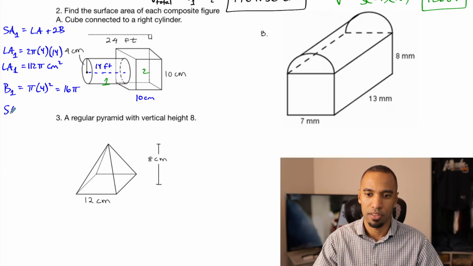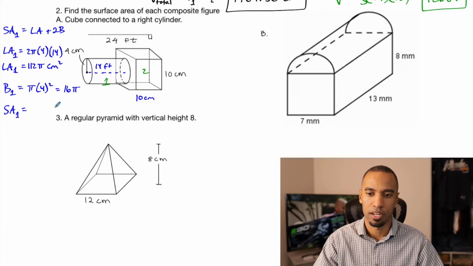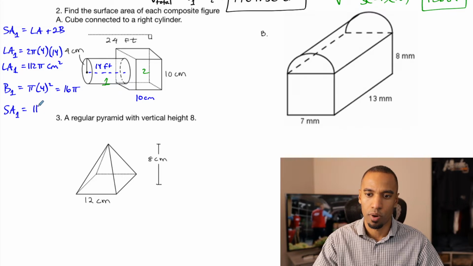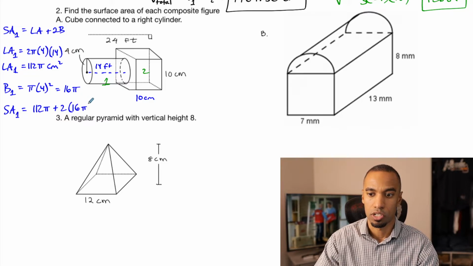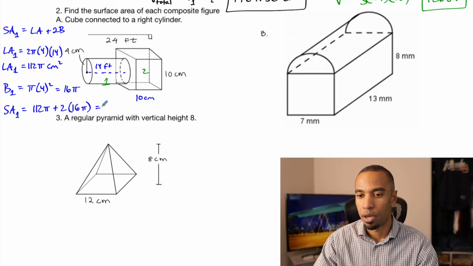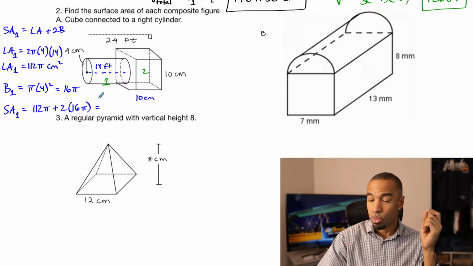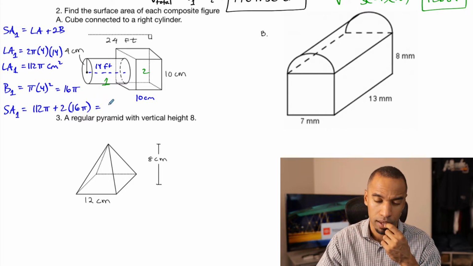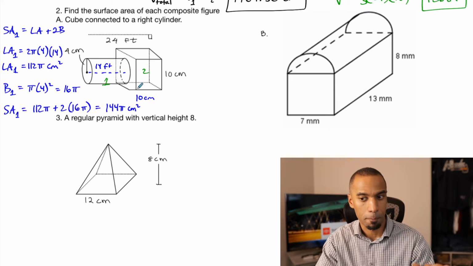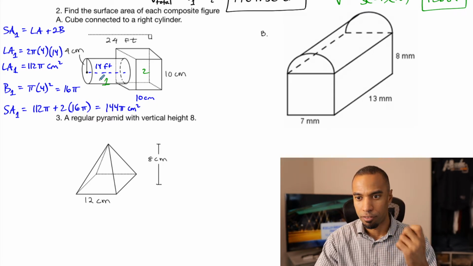So the surface area of the entire cylinder here is going to be my lateral area 112 pi plus both of my base areas, whoops, just a single 16 pi, which is 112 pi plus 32 pi, which is 144 pi. Yeah, it's 144 pi square centimeters. Now I'm going to leave it like that and leave it exact for now. That's surface area of figure 1.